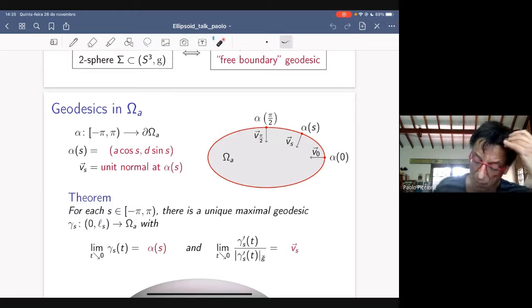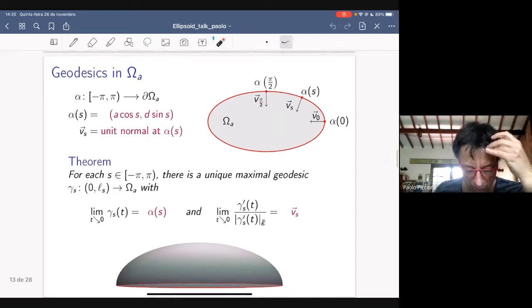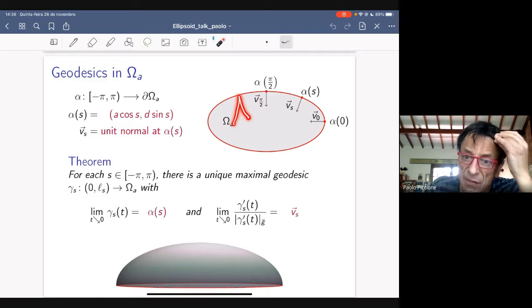And we have managed to prove the following theorem, which says that starting from any point on the boundary, in fact, there is a unique orthogonal geodesic issuing from this point, okay? So there is a unique one, and so for instance, you never have two orthogonal geodesics that separate at some point, okay?